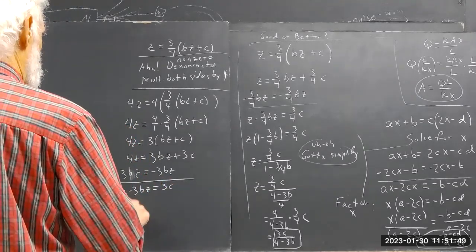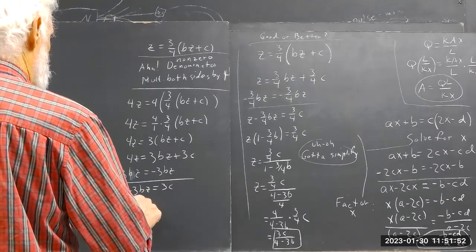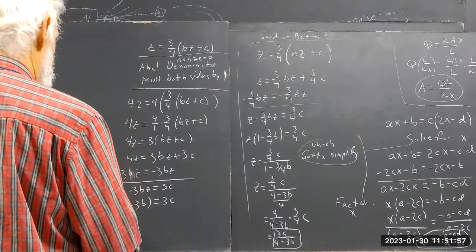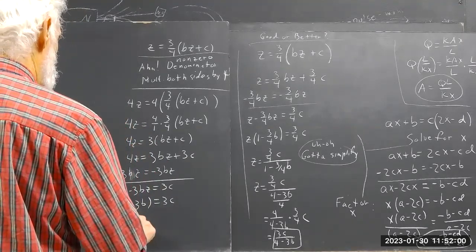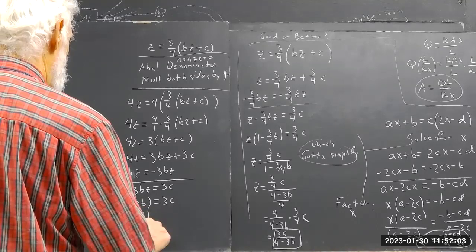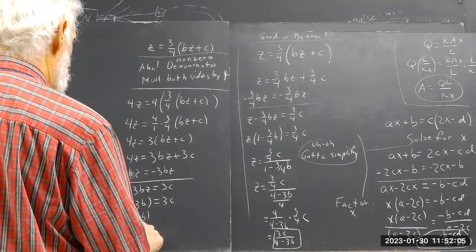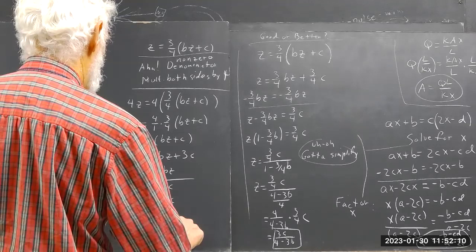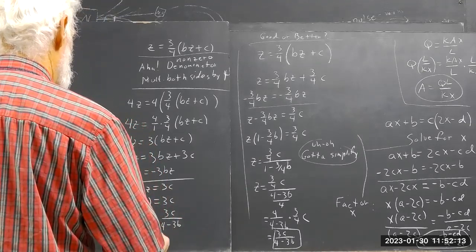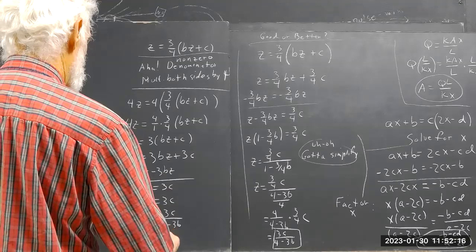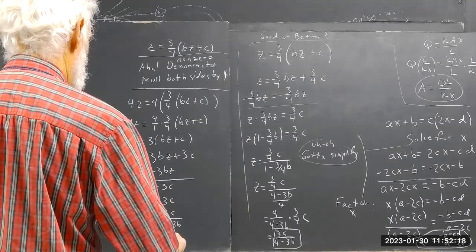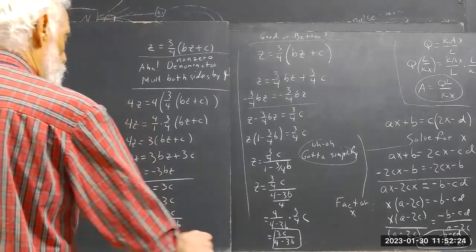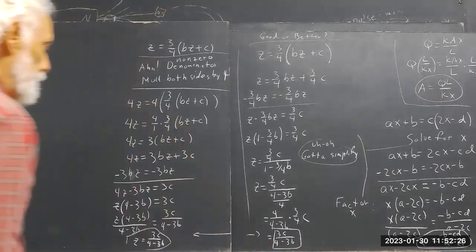Then we have to remember to factor out z. And we divide both sides. We get z equals 3c over 4 minus 3b, the same as we did before.